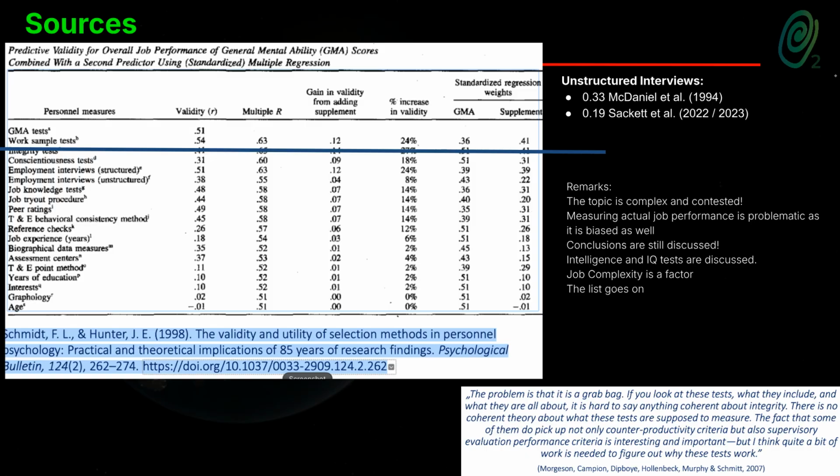Some remarks on the general topic. The whole thing, intelligence, and how to even judge what work performance is, is complex and contested. Even the concept of intelligence tests and so on is highly complex, contested stuff. But for us to use it, we have to rely on something. And by the way, that kind of stuff has actually been taught quite recently at the university where I live.